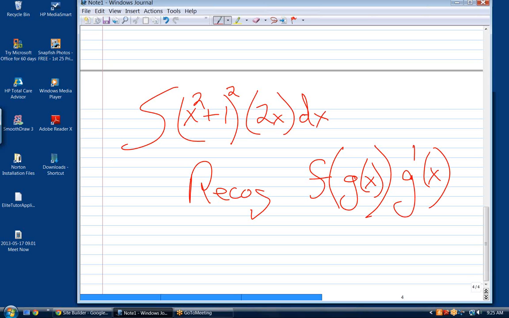And I'll go through how we do this by substitution in a second. When we differentiate the inside of this, we get the 2x, and it ends up always being in the denominator. In other words, let's go through it here.